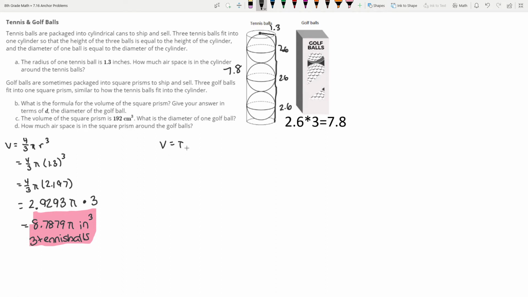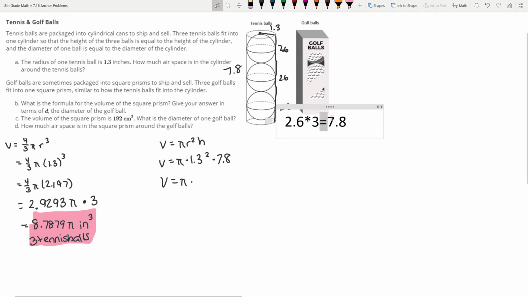And so the volume of the cylinder is pi r squared times the height. So pi times 1.3 squared times our total height of 7 8/10. So pi times 1 3/10 squared is equal to 1 69/100 times 7 8/10.